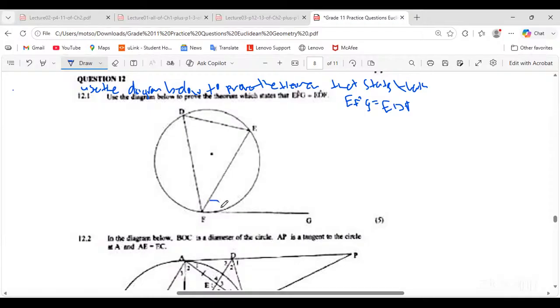I'm sorry, EFG, which is this one, the angle between the tangent and the chord, is equal to that angle EDF right there. Now, this is the tan chord theorem.